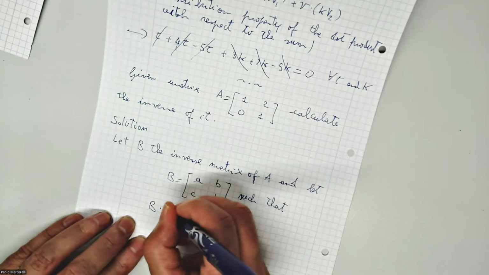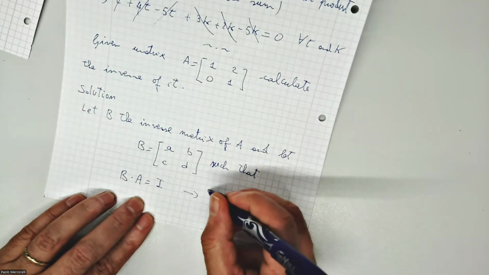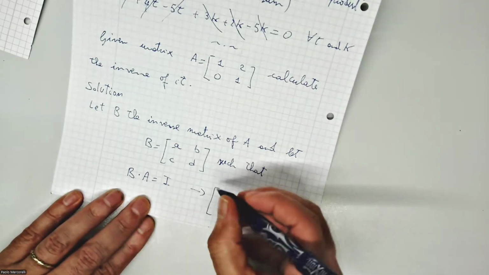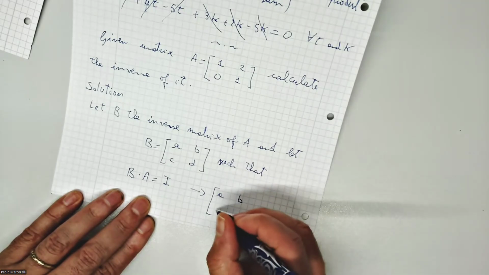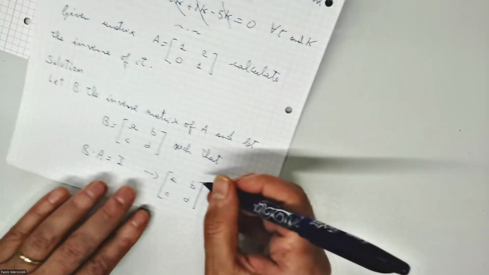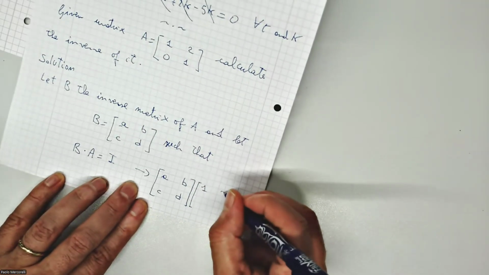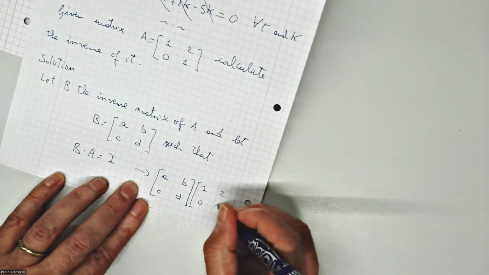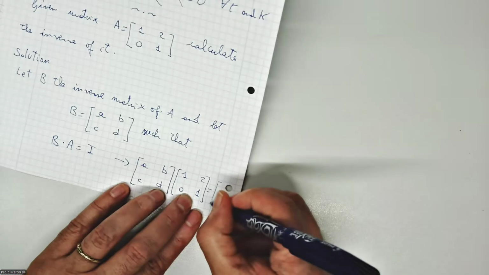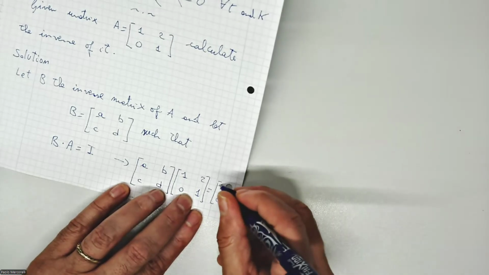B multiply A equals the identity matrix. This is in accordance with the definition, exactly what I told you in the slide. a, b, c, d multiply 1, 2, 0, 1 equals the identity matrix 1, 0, 0, 1.